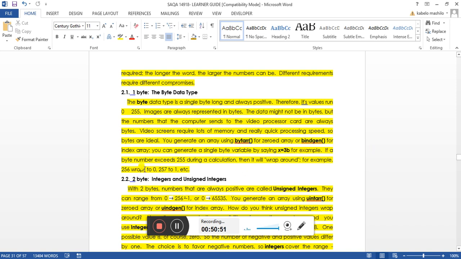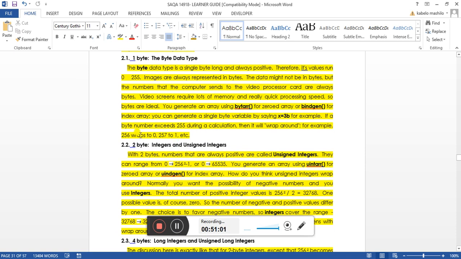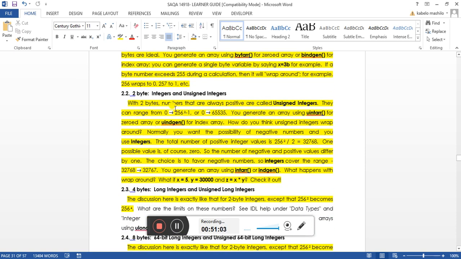If a byte number exceeds 255 during a calculation, then it will wrap around. For example, 256 wraps to 0, 257 to 1, etc. Then there are 2-byte integers and unsigned integers. With 2 bytes, numbers that are always positive are called unsigned integers.